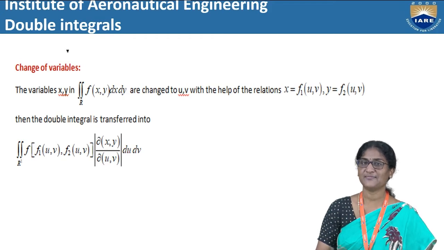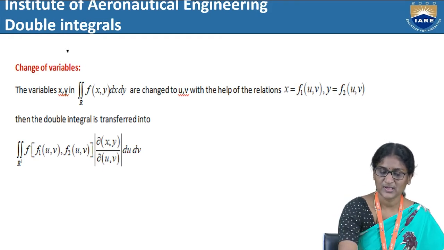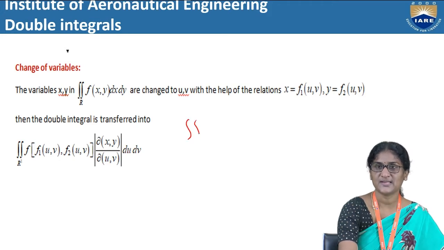Whenever you change a function from Cartesian to polar or polar to Cartesian, you have to multiply the function by the Jacobian of the transformation, the J value. What I mean to say is, suppose the given question is the double integral of f of x comma y dx dy.